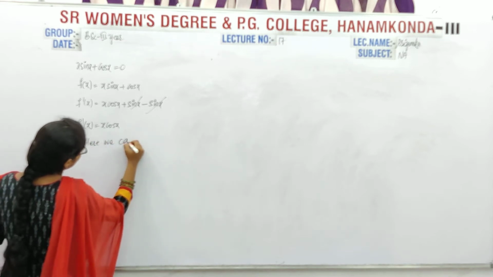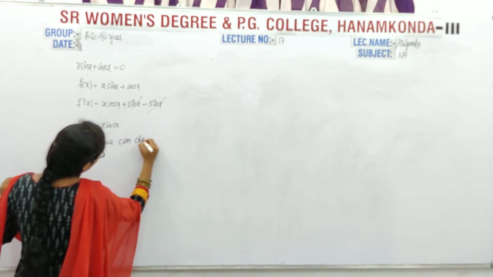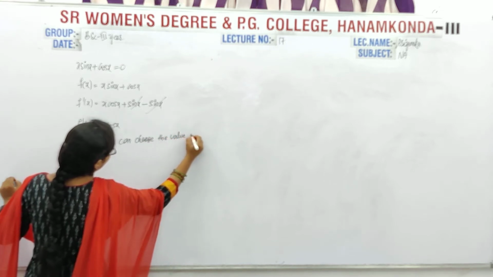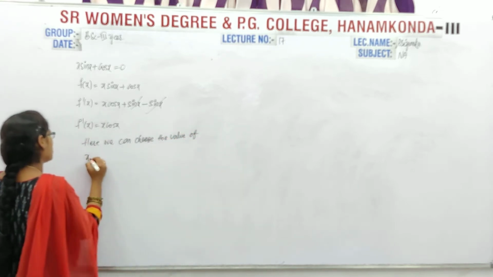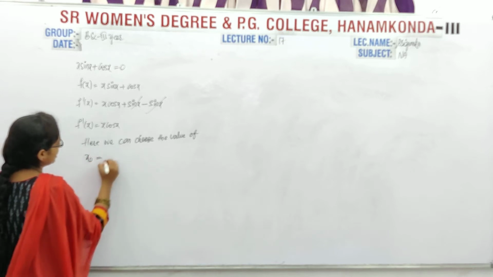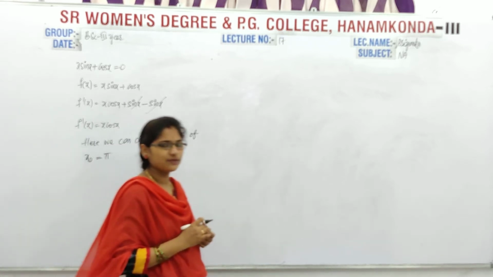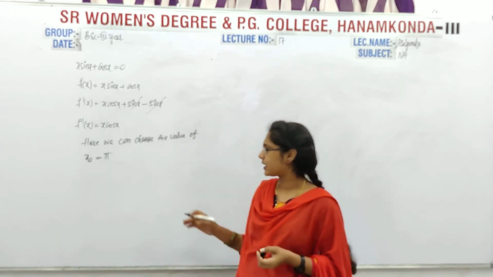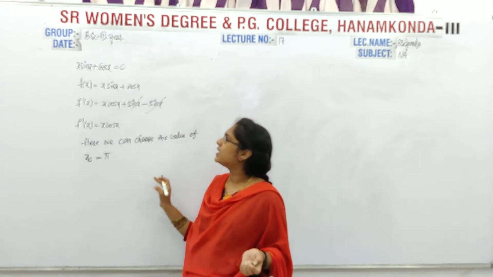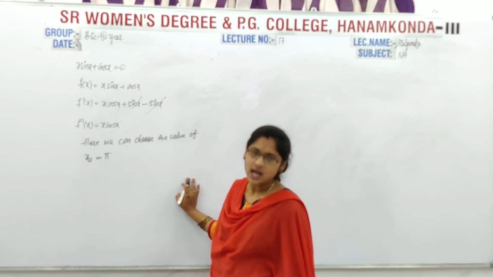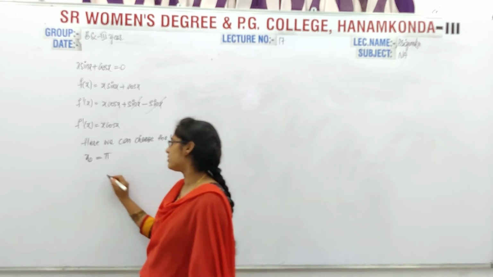So we can choose the value of x naught equal to pi. Why am I taking pi? Because if I put x naught as pi, then we will get values for both sine and cos. Now what is the formula?